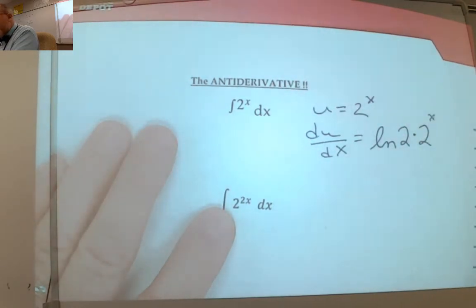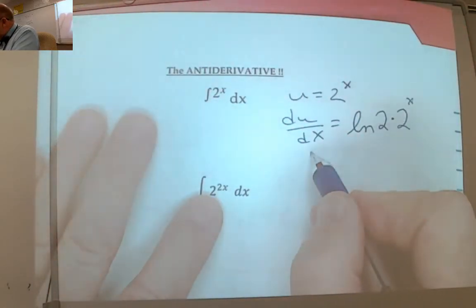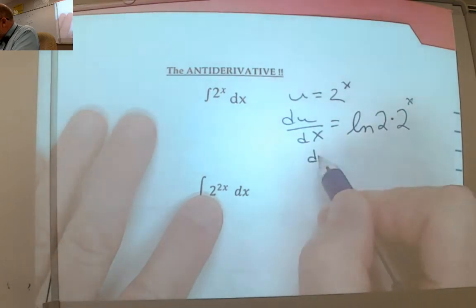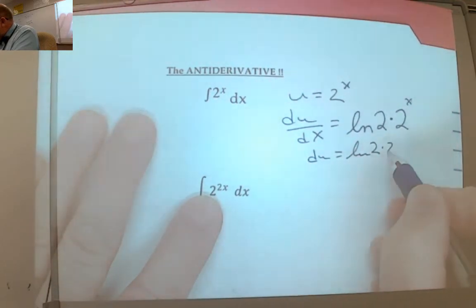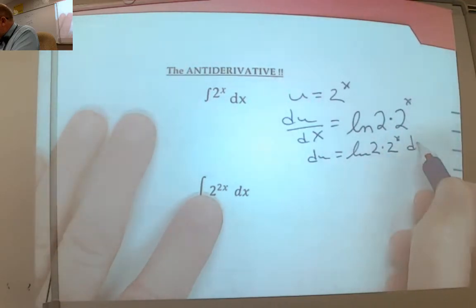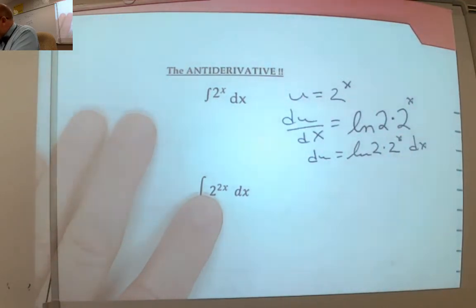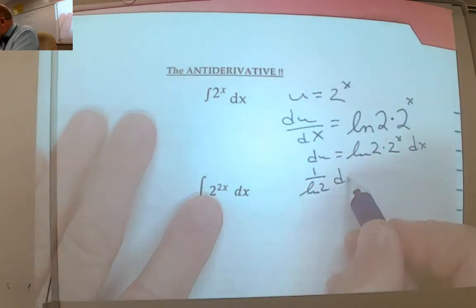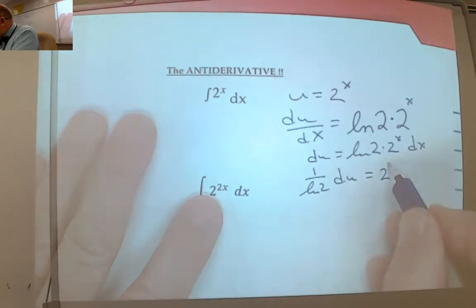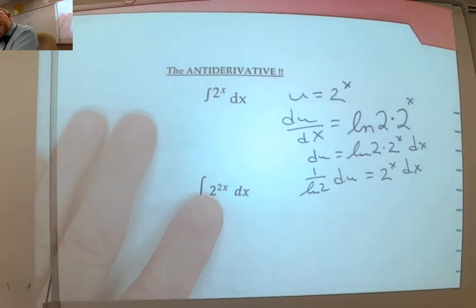Okay? So that means du equals the natural log of 2 times 2 to the x dx. That means 1 over the natural log of 2 du equals 2 to the x dx.